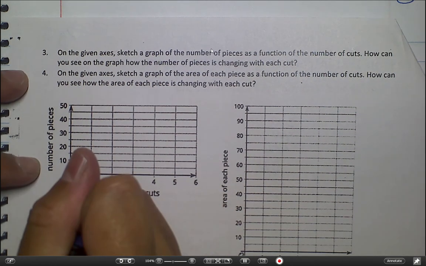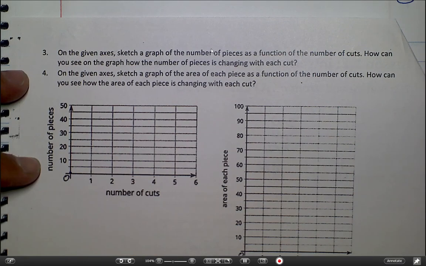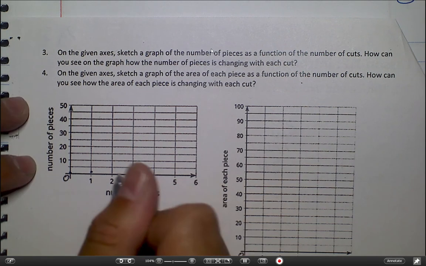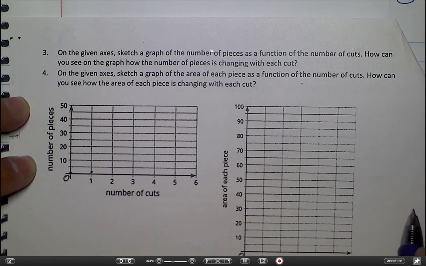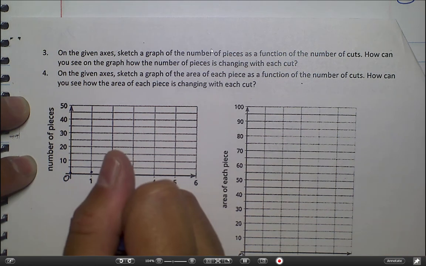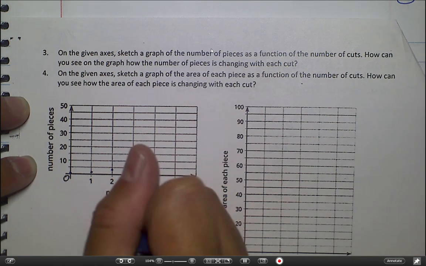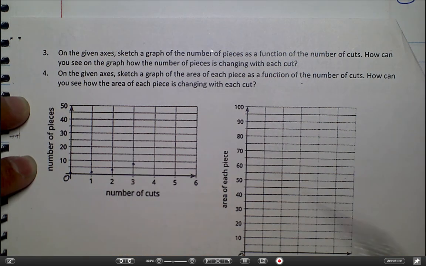So try to put 1 in there, so that goes right there. At 1 cut, how many pieces? So 2 right there. At 2 cuts, 4. Very good. At 3, 8. Very good. So 3 is 8, which is right about here.